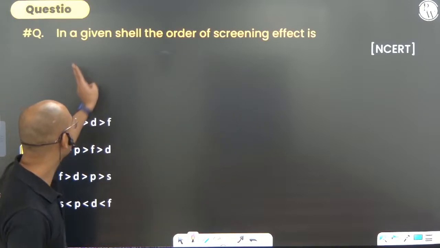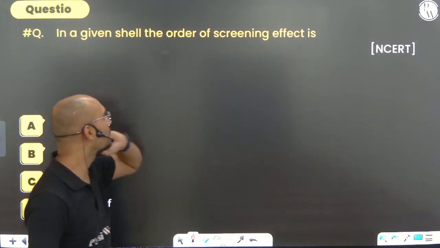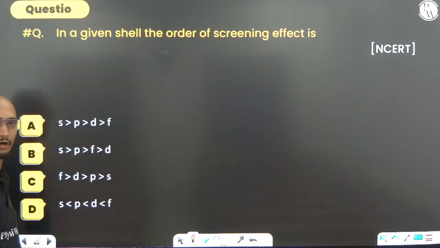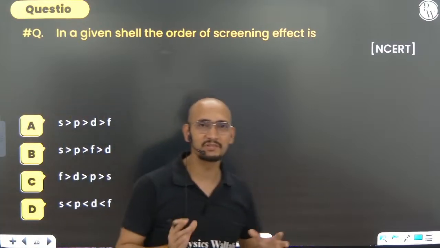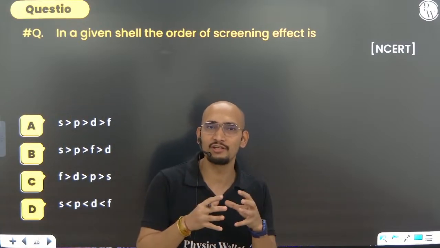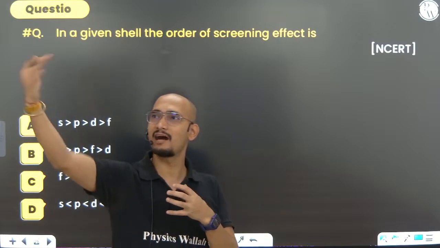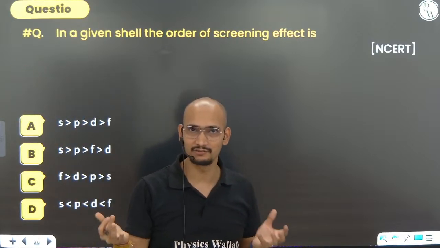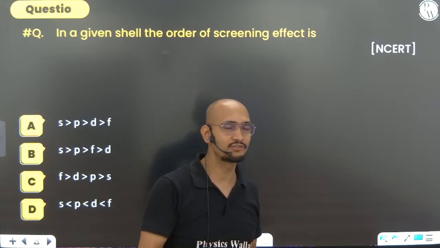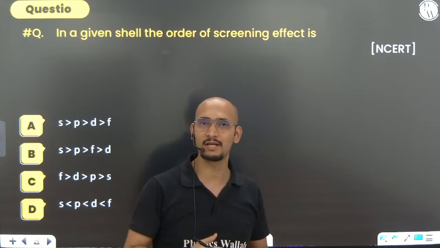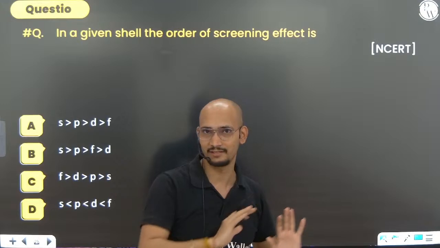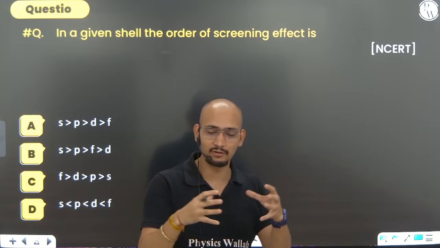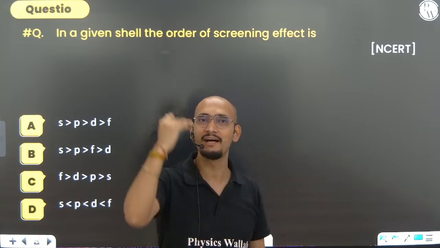Next, in a given shell, what is the order of screening effect? Always remember, something closer to the nucleus can screen the outer electron more easily. Consider you want to approach someone: who can stop you from approaching that person? The one who is closer to that person. So those subshells which are closer to the nucleus have the higher screening effect.